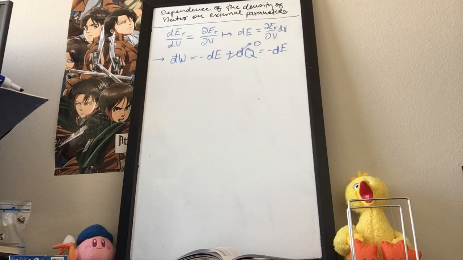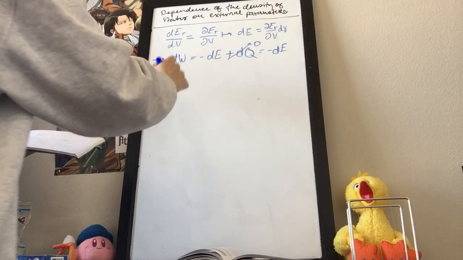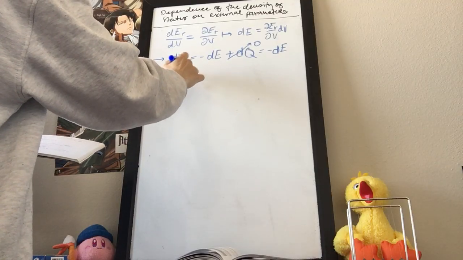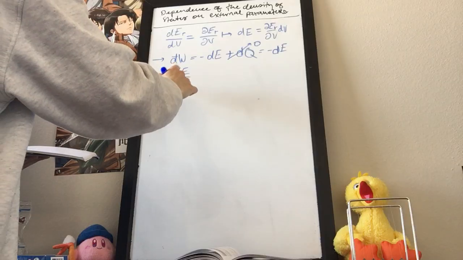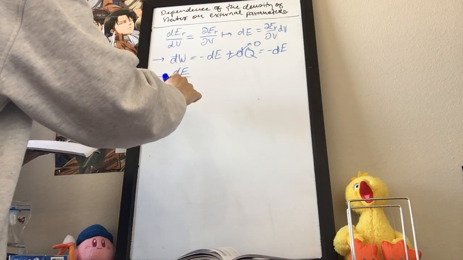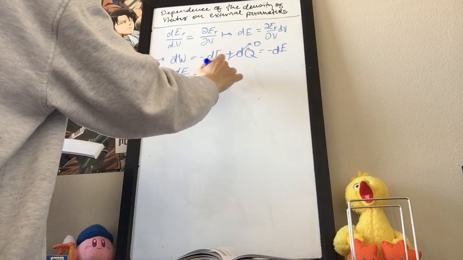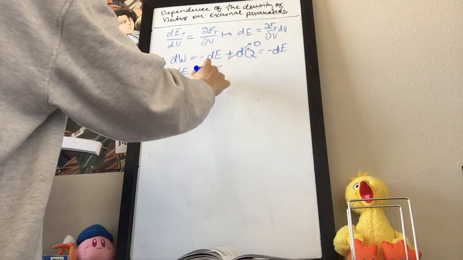So, if that's the case, then we may express the following, that our derivative of E with respect to the volume is equal to the partial derivative of E with respect to the volume.